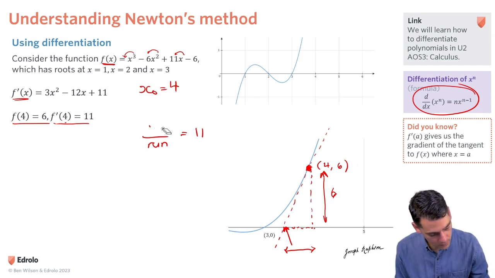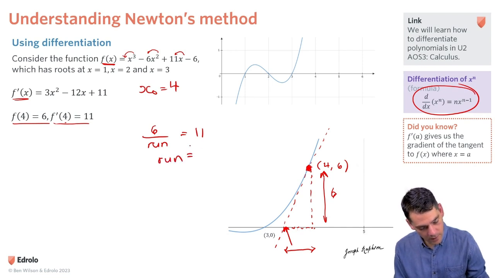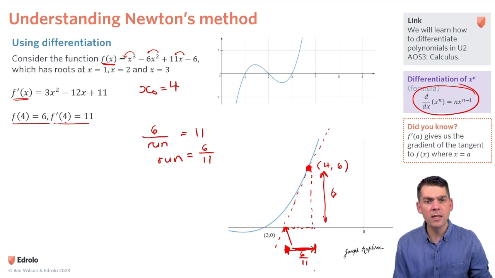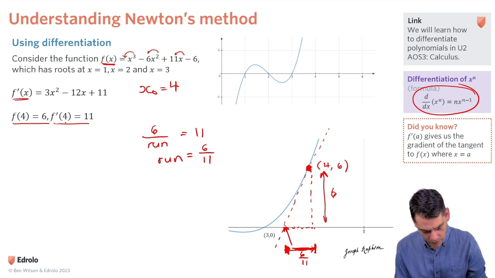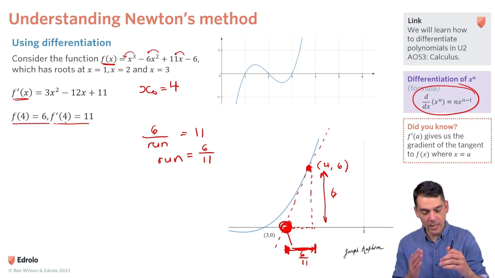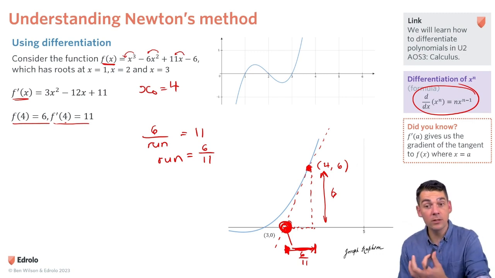So if I solve for the run, that would be 6 divided by 11. So this distance here, the bottom of my right angle triangle, is 6 on 11. So my new guess, or this point here, just stay with me, would be equal to 4 minus 6 on 11. Okay, so that's going to be my next guess.